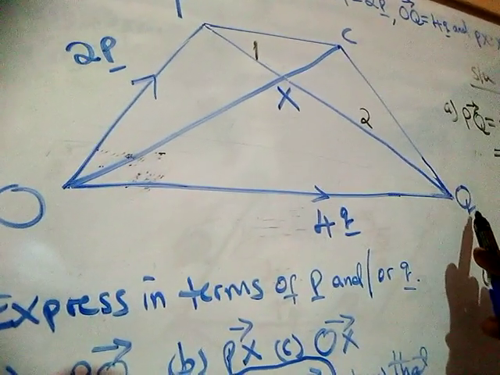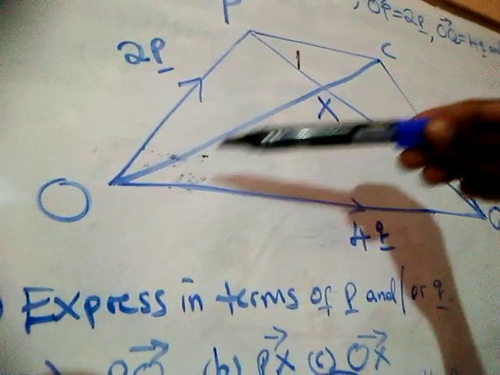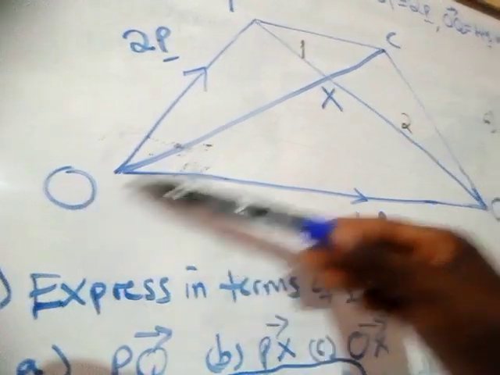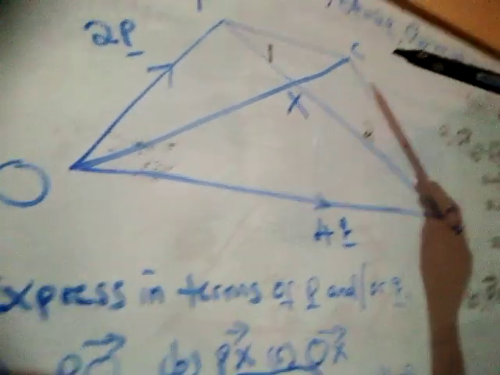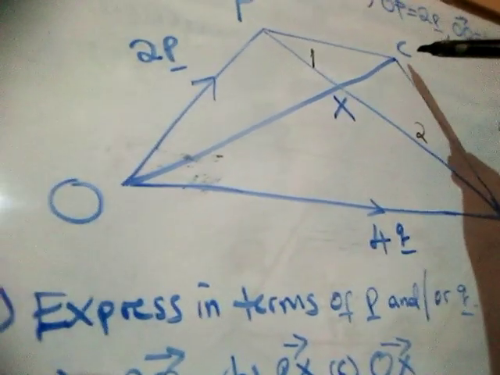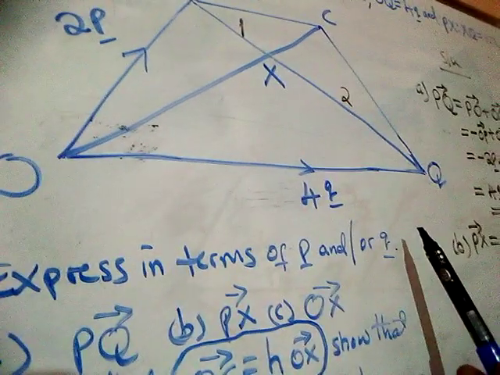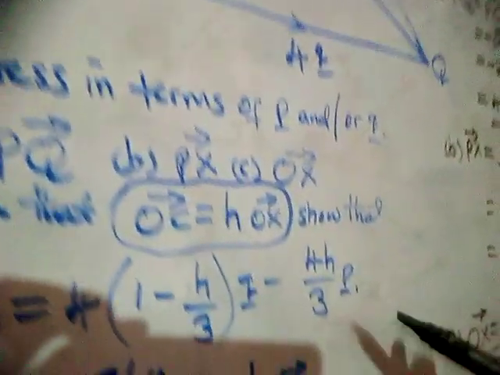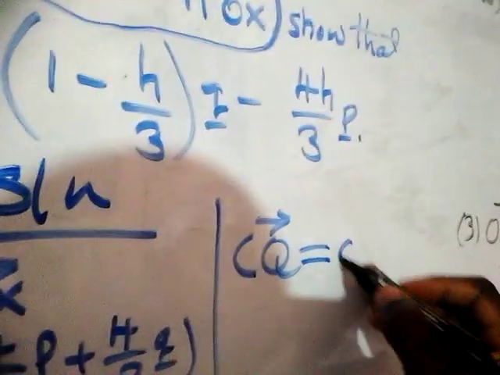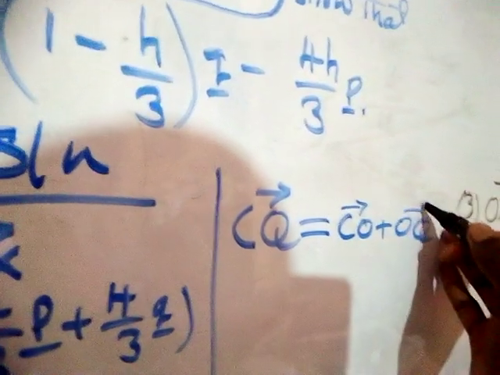We're going to move CO, because we now know this line is well defined as vector OC. So we're going to say vector CQ is equal to vector CO plus vector OQ. That's the movement. First of all, write the expression: vector CO plus vector OQ.